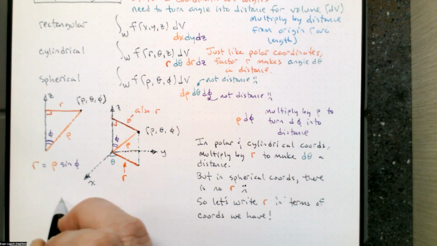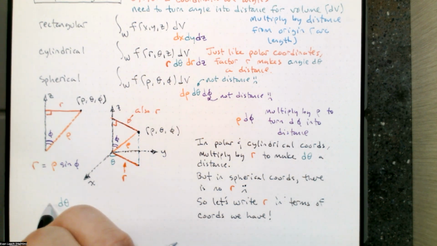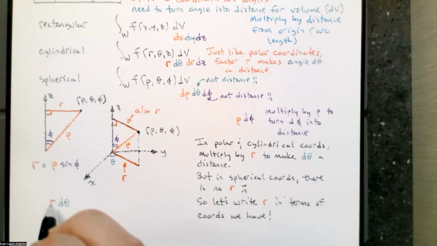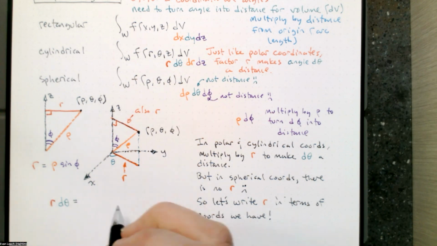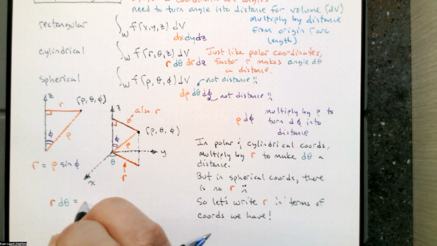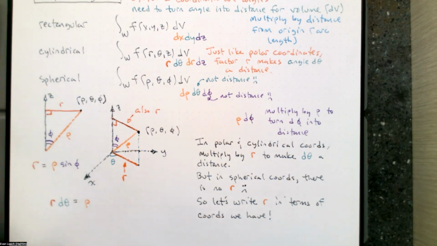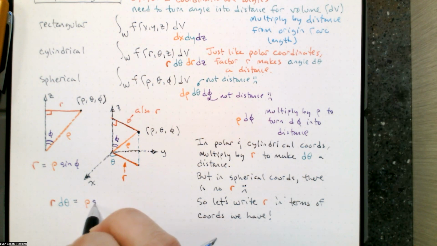So d theta becomes a distance when we multiply by r, but in spherical coordinates, there is no r. So I replace the r with coordinates that I do have, which is rho and sine of phi. Rho times sine of phi.